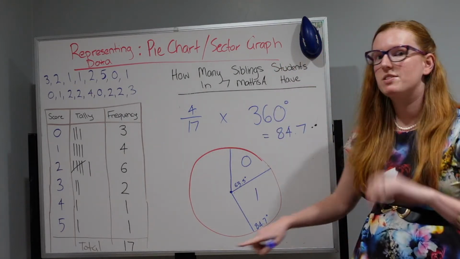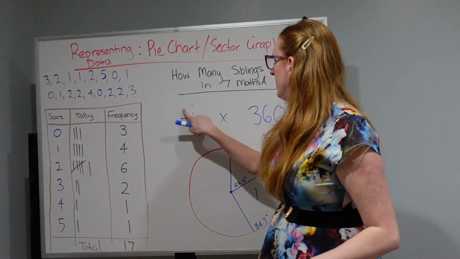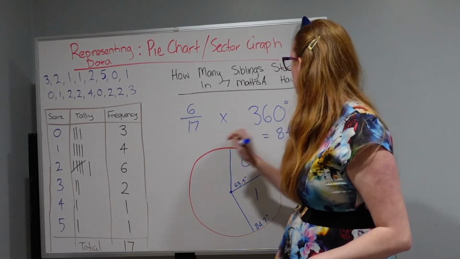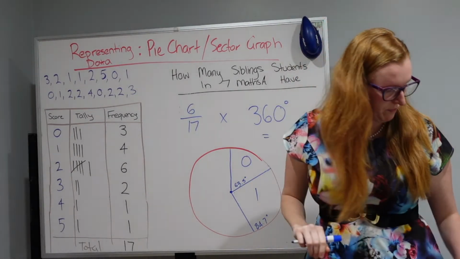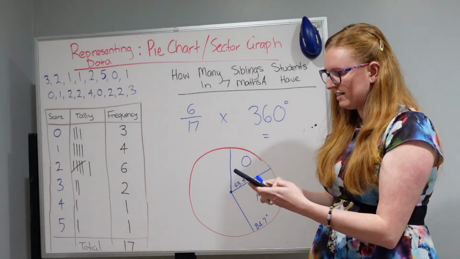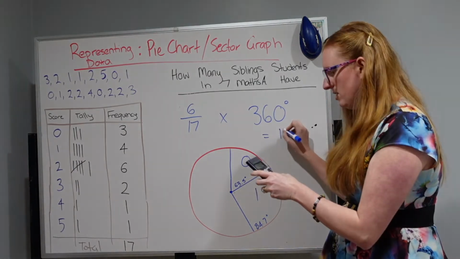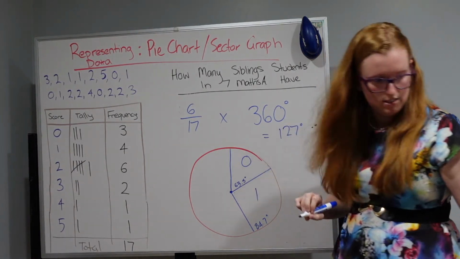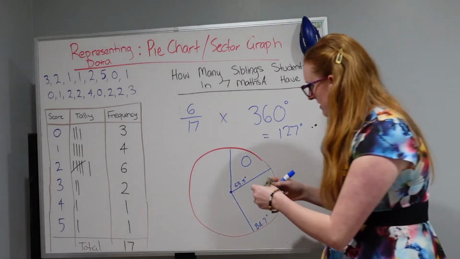Okay, now let's do option 2. So students who have 2 siblings. There were 6 students who had 2 siblings. So my fraction becomes 6 out of 17. Get my trusty calculator. 6 divided by 17 times 360, and it's 127 degrees, 0.05. So I'll just round it down to 127.